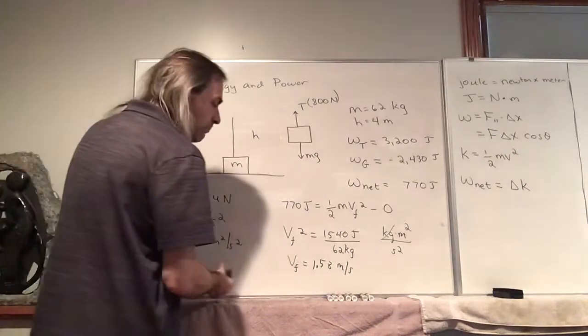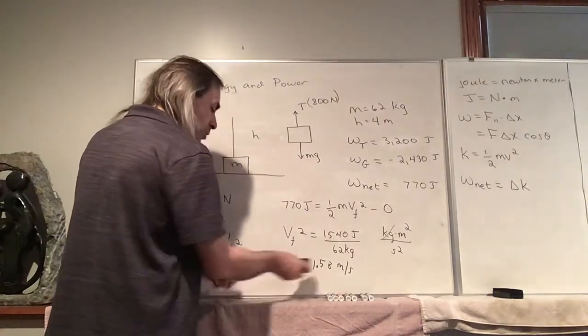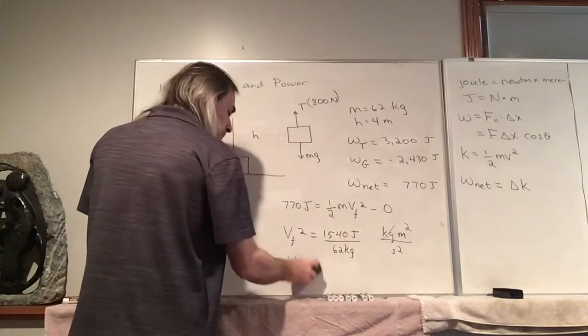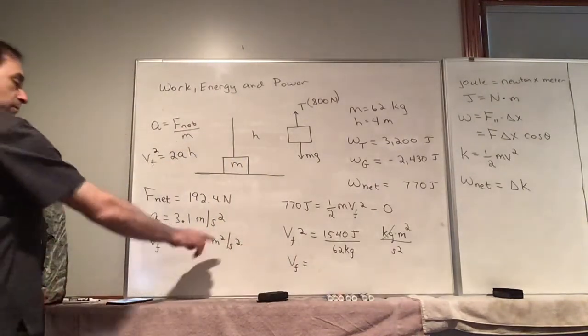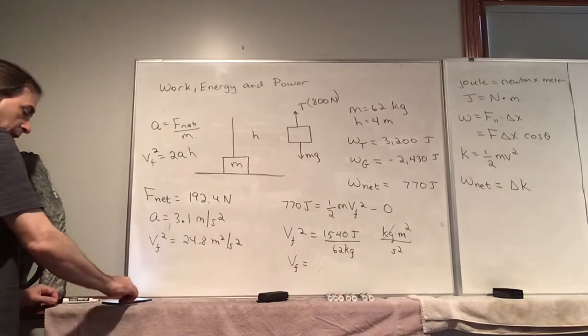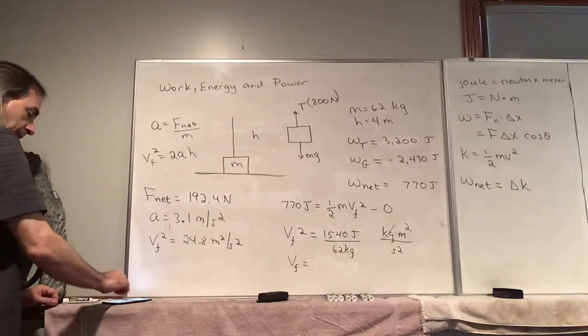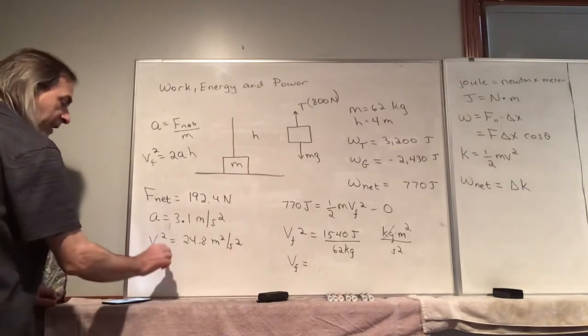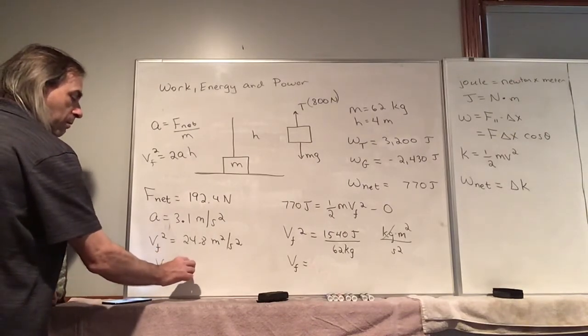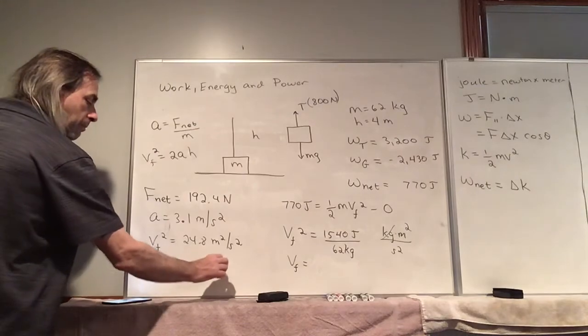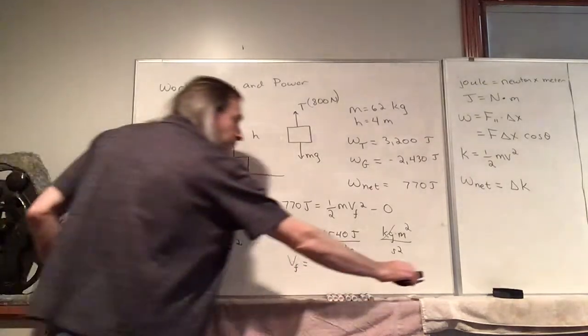I'm glad we checked this because this number is wrong. So let's recalculate that one in a moment. But here we have 24.8 for v squared. If we take the square root of that, we get around 5 meters per second, like 5.0 meters per second.